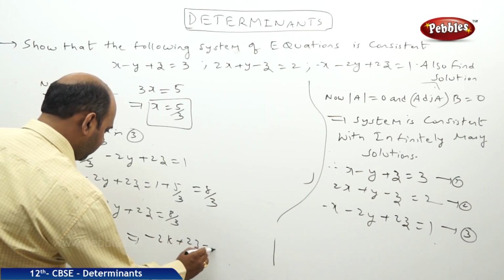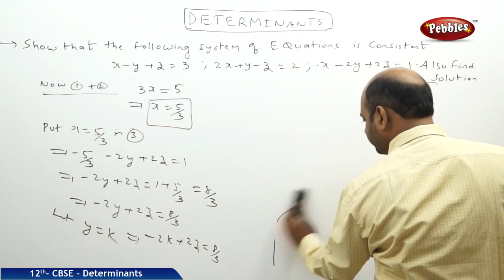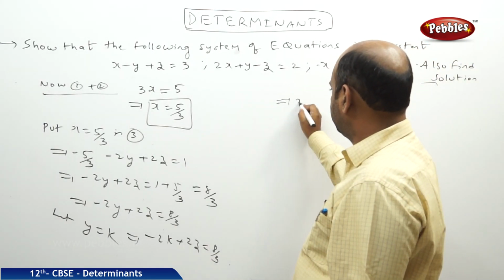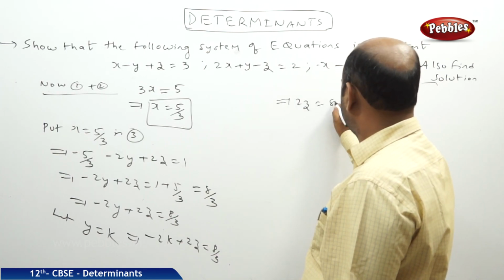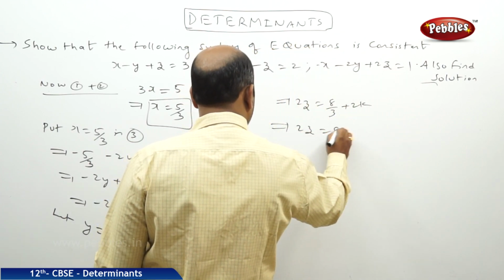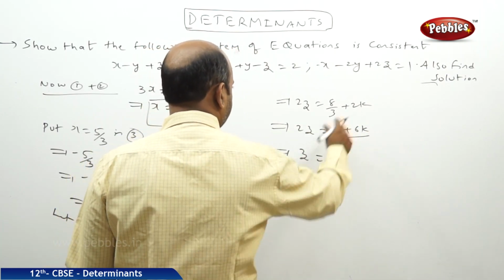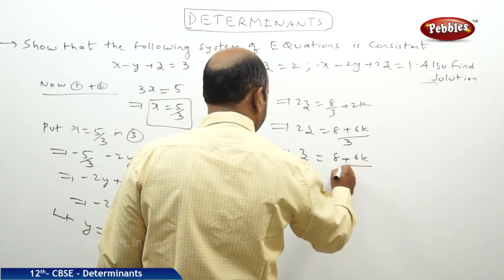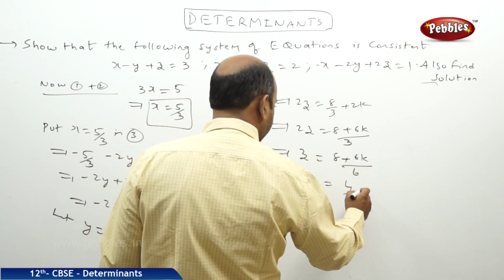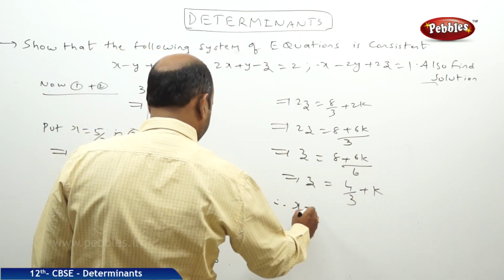Minus 2k plus 2z equal to 8 by 3. That implies 2z is equal to 8 by 3 plus 2k. That implies 2z is equal to 8 plus 6k by 3. That implies z is equal to 8 plus 6k by 6. That means z I can write as 4 by 3 plus k.